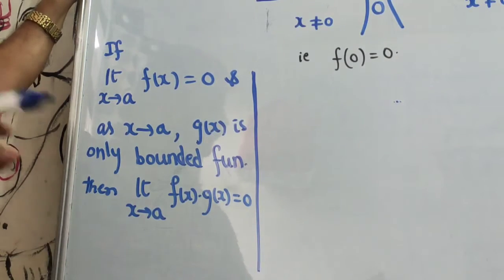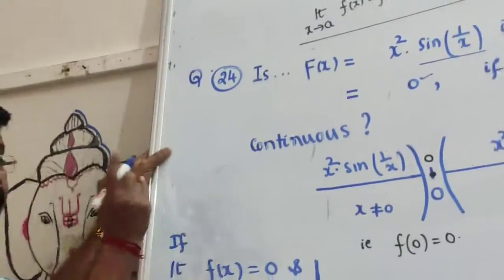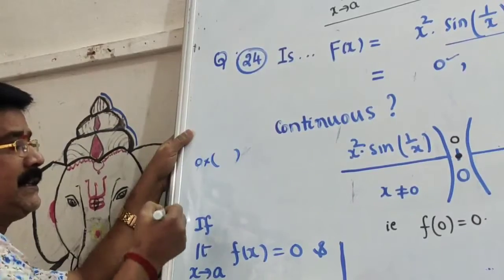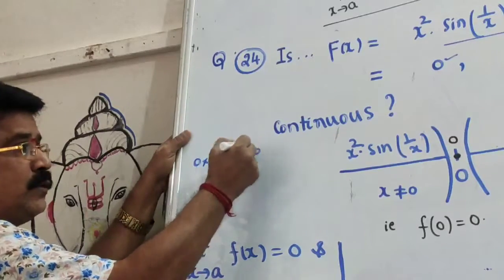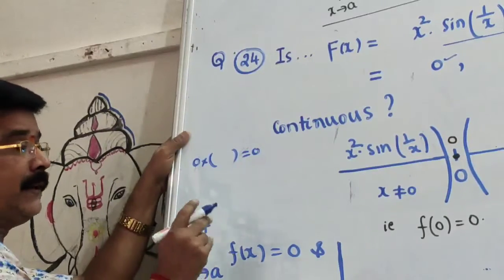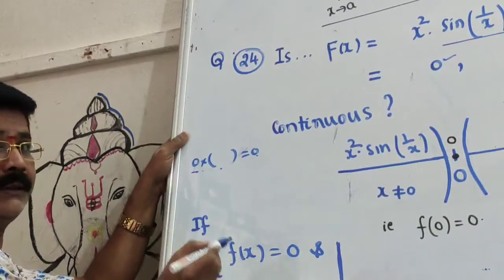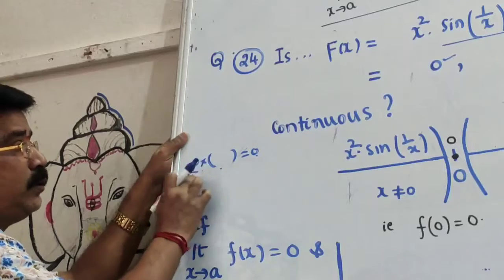It is just as in the real number set: 0 into any other real number equals 0. Means if the product of two numbers is 0, then it need not be that both are 0.